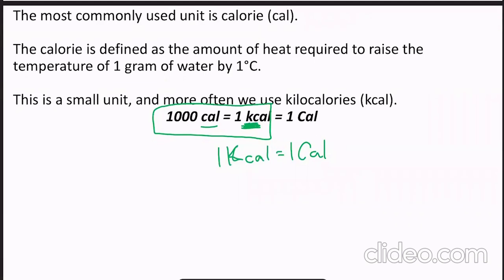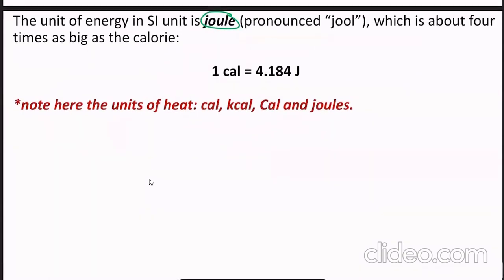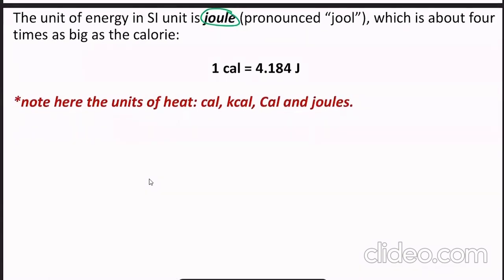That's what we consider a calorie, right? So the more calories that are required, the more heat to raise the temperature of that gram of water by 1 degree Celsius. And then we have joule, it's J-O-U-L-E, and it is pronounced joule. And 1 calorie is equal to 4.184 joules. So again, we have 4 different units for heat.